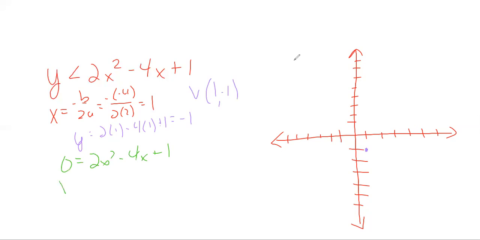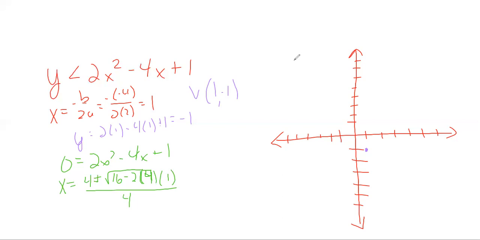X is equal to negative b, so 4, plus or minus the square root of b squared, which is 4 squared, which is 16, minus 4 times 2 times 1, right? All over 2a, which is 4.